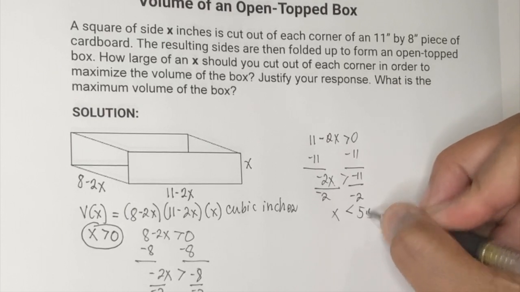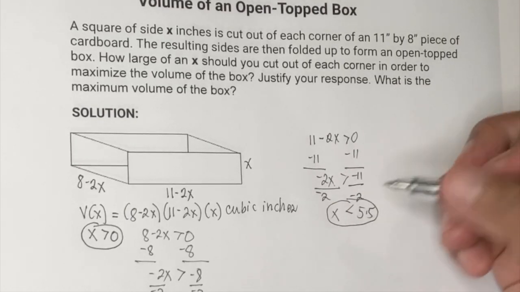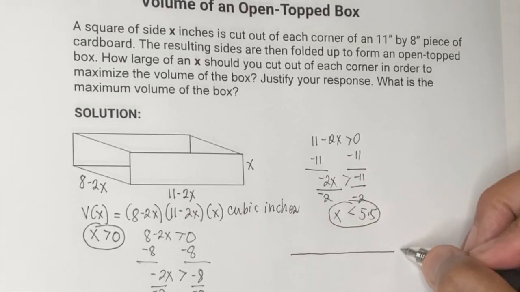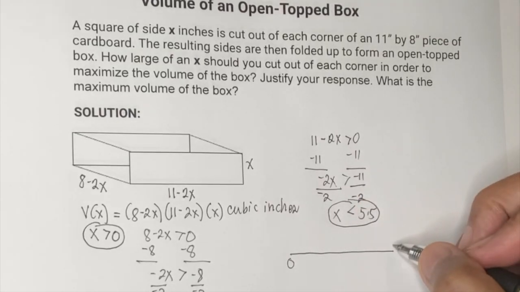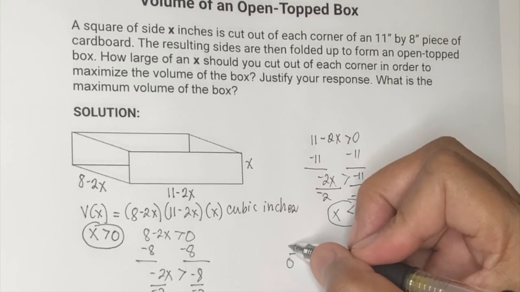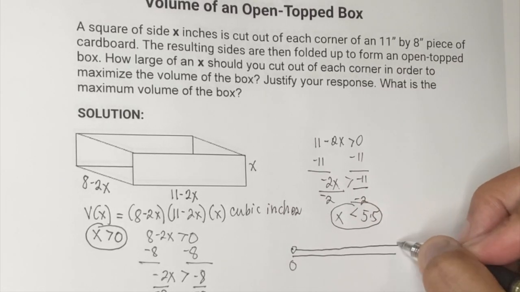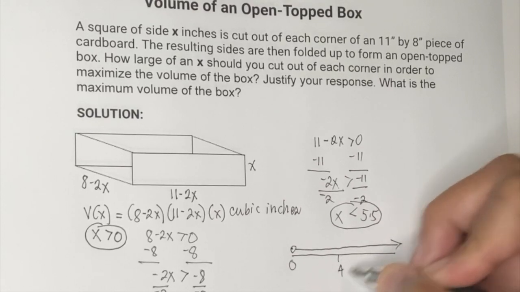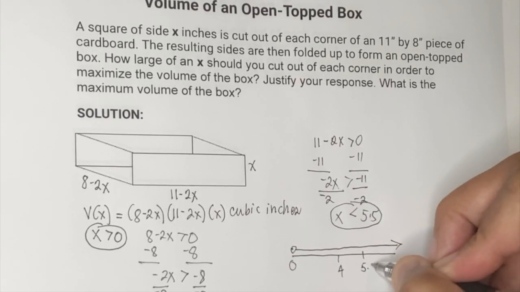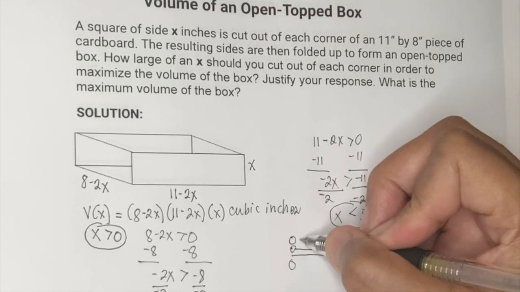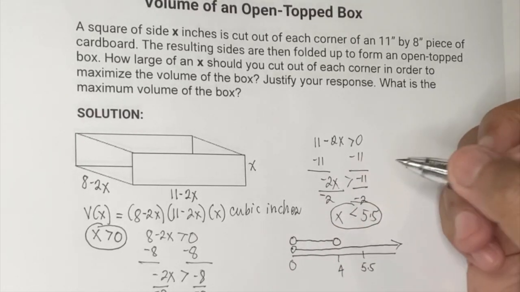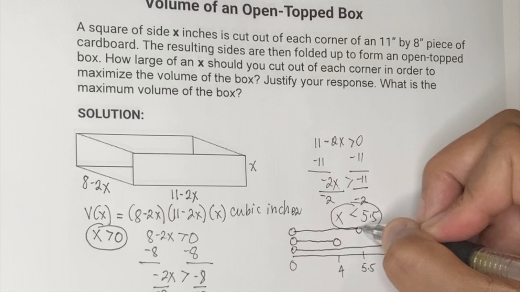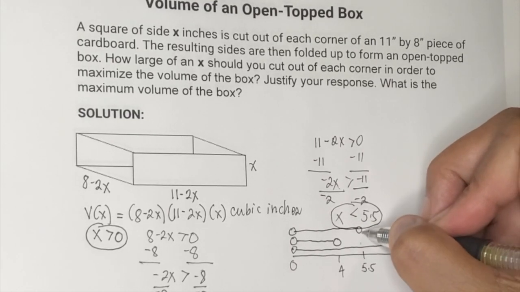Now, where do these three sets, x greater than 0, x less than 4, x less than 5.5, intersect? Let's say this is your x greater than 0, x less than 4, and x less than 5.5.